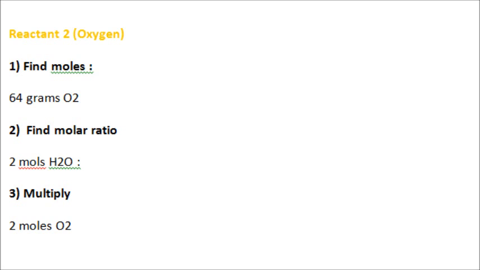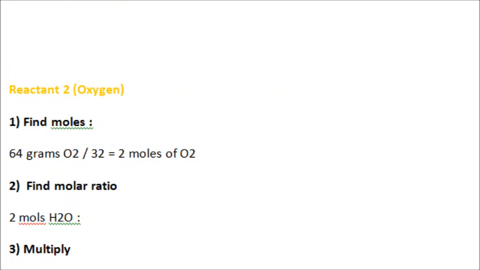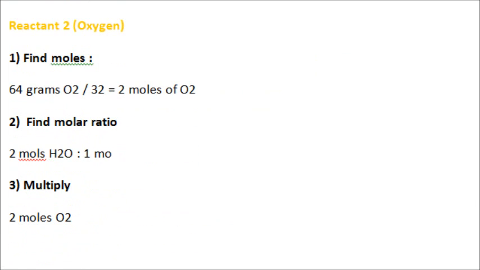So step 1, find moles. The problem gives us 64 grams of O2 divided by 32, because that's the molecular mass, equals 2 moles of O2. Whoa, same number of moles, all right? Molar ratio, 2 moles of H2O to 1 mole of O2, which is the same as 2 over 1.